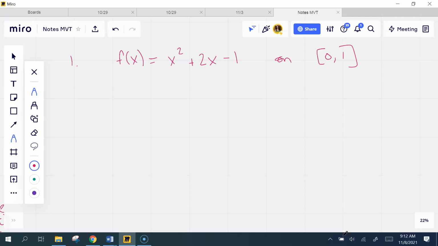It is still differentiable and continuous. So yes, it does meet those criteria. Part B, if it does, find each value of C in the interval that satisfies the mean value theorem. So in other words, where does this happen?